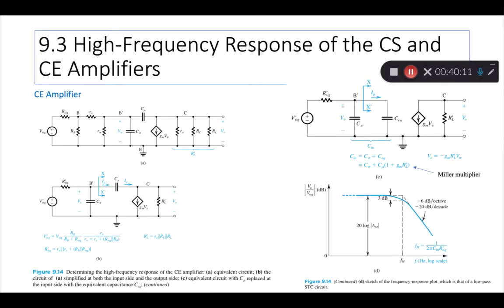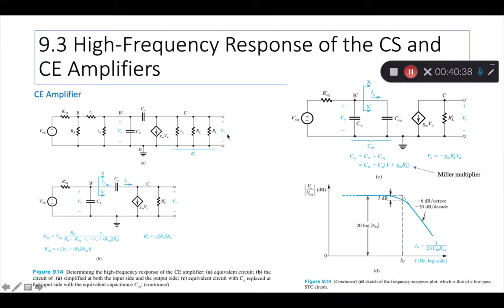The very last topic is the BJT CE amplifier, common emitter amplifier. The logic is pretty similar to what we just studied. We take the model, which is this portion of the device itself.